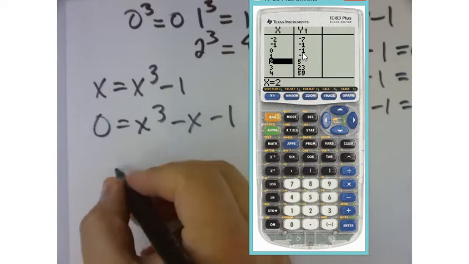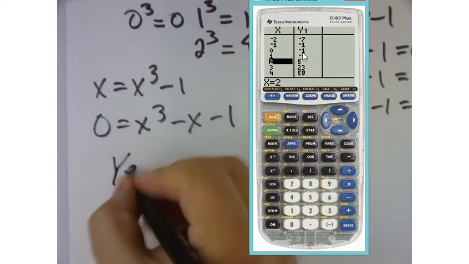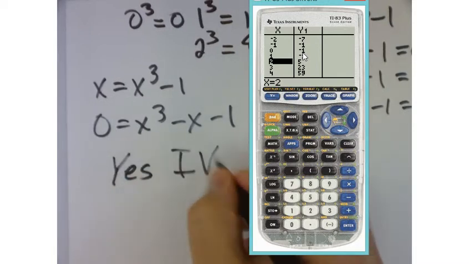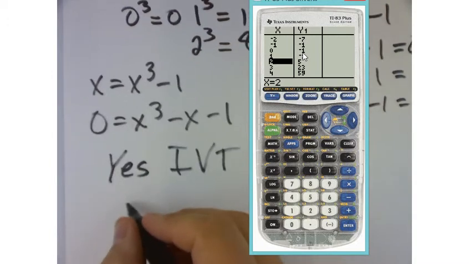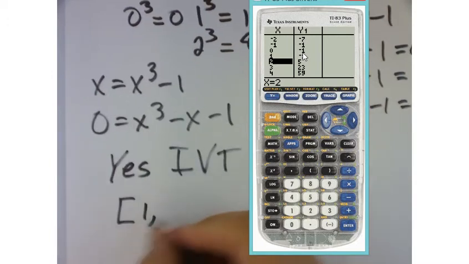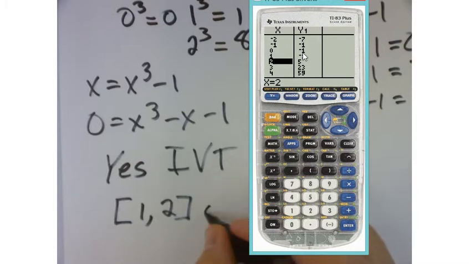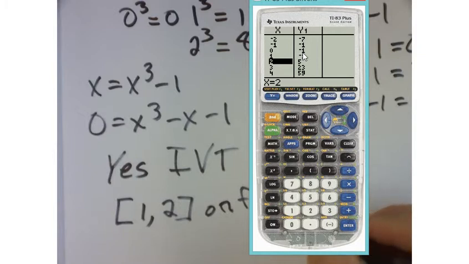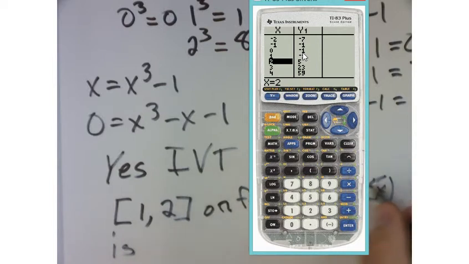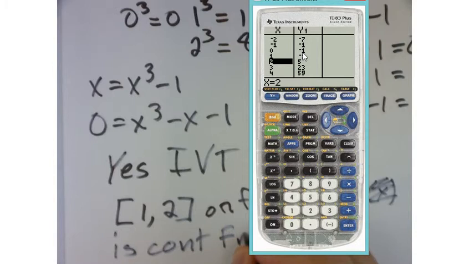Well, I could say yes, because according to the intermediate value theorem, f is continuous from 1 to 2.